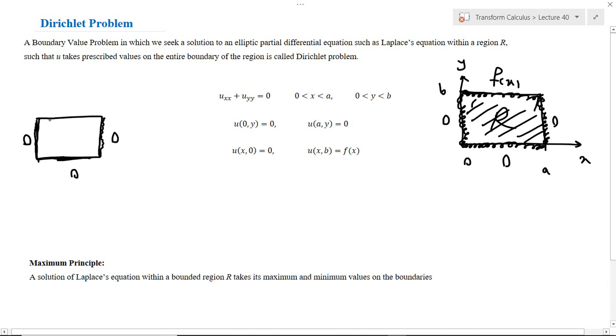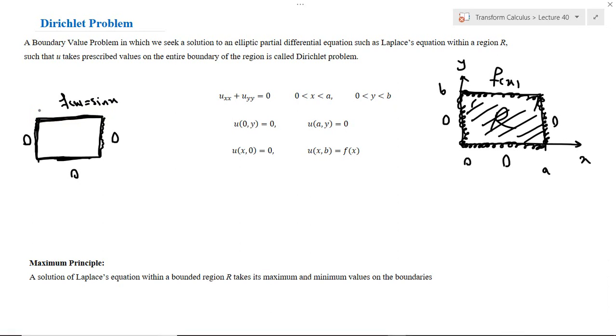Or when I say this edge temperature is f(x), for example f(x) equal to sin x, it means the temperature at the edge is 0, then it increases, then it decreases, and increases. I'm just talking about the temperature at this edge, so the boundary condition at this edge is given by f(x).